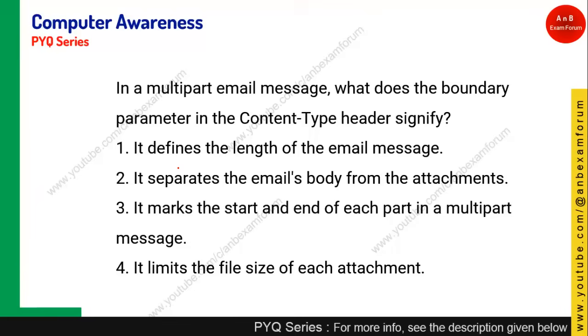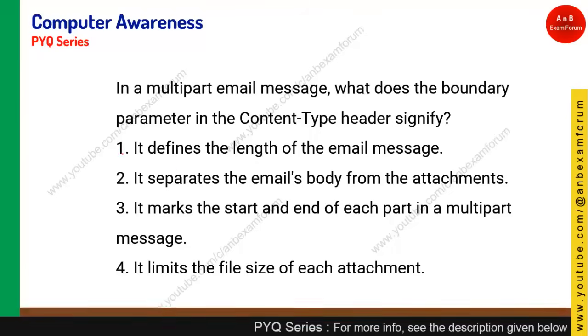In a multi-part email message, what does the boundary parameter in the content header signify? It looks like a very difficult one, but if you see the options you will get the answer. It defines the length of the email message, it separates the email body from the attachment, it marks the start and end of the multi-part message.